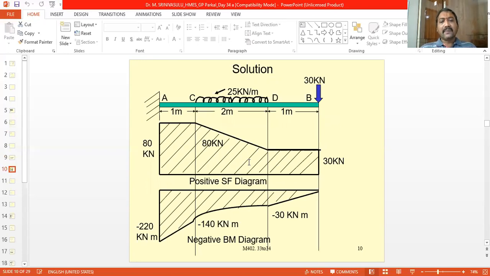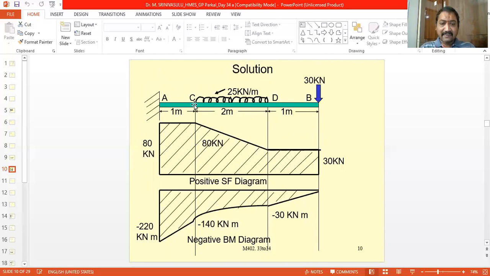Now coming to the solution, here it is a cantilever. First of all, we have to redraw the same cantilever given here. Then we have to draw the vertical lines from the salient points. This is the free end, this is the fixed end.